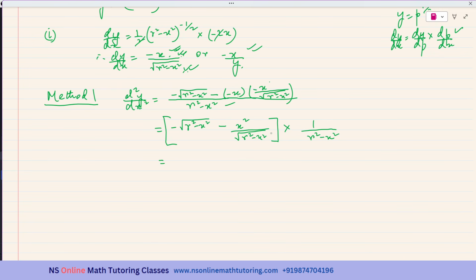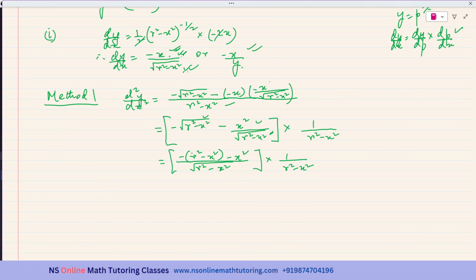I'll be making the common denominator as square root of r square minus x square. So this is r square minus x square, and this multiplied with this gives us simple r square minus x square. So it is minus r square minus x square, and then minus x square from this one, times 1 over r square minus x square.